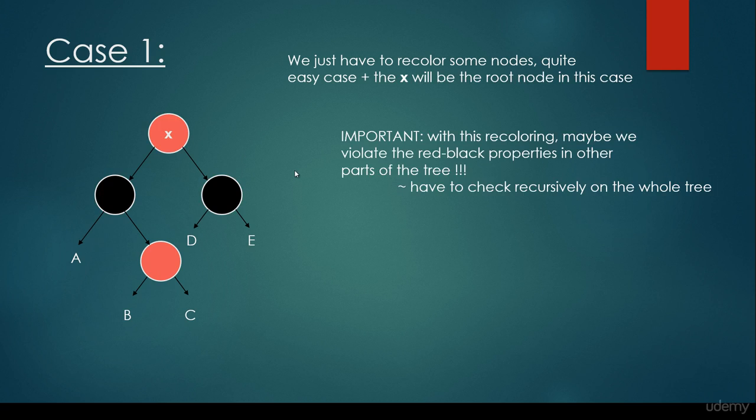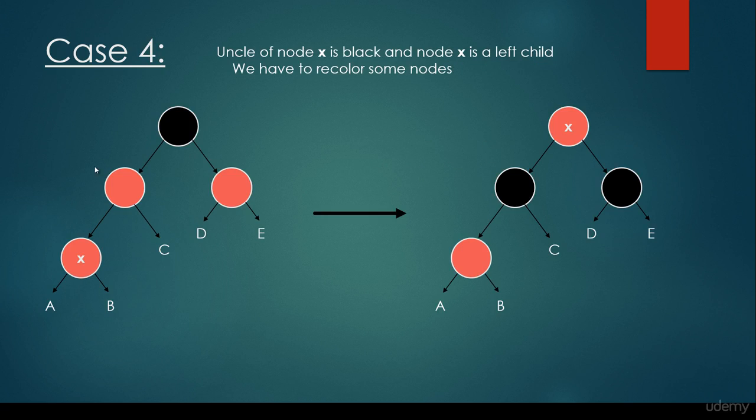Okay. But basically it is the same for the case 4. In this case, the node we have inserted is the right child. For the case 4, it is the left child of the parent. But basically we have to make the same recoloring. The parent and the uncle will be black, and the grandparent will be red.